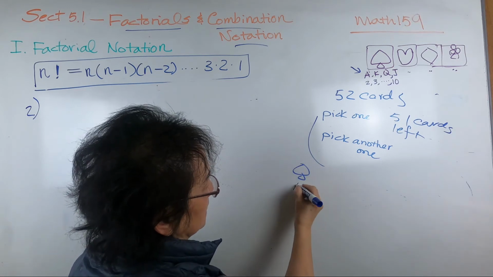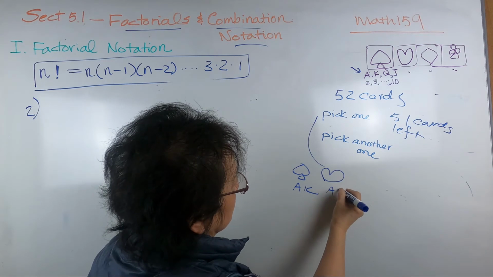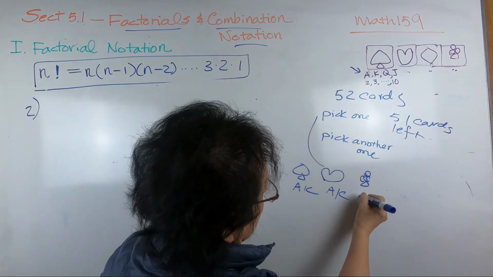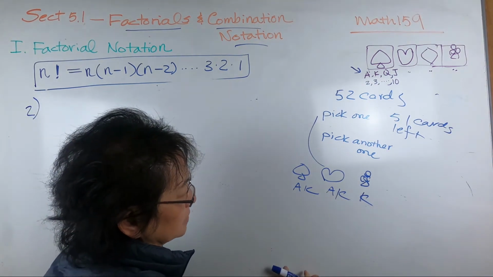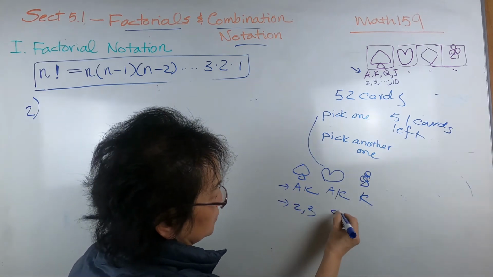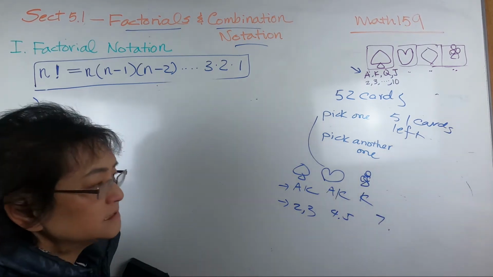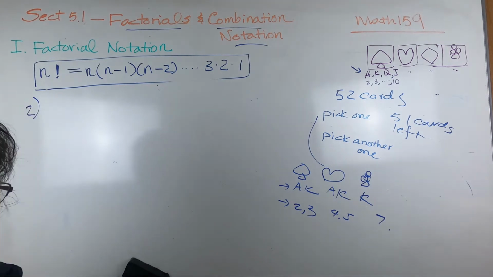Spade, say A and K, then heart, A and K, or club, okay? Then you get another K, then 5 cards. And next time when you pick 5 cards, you may have 2, 3, or 4, 5, or diamond something 7, like this. So how many sets can you have?